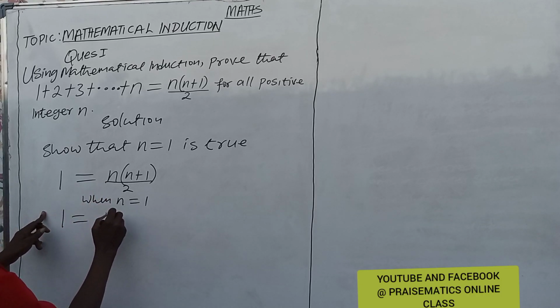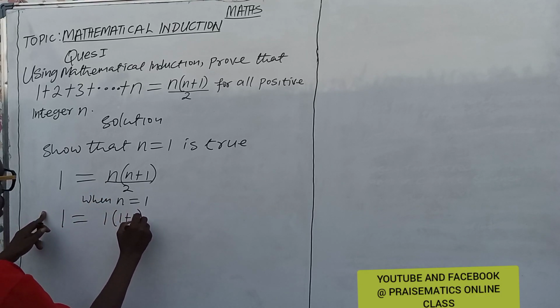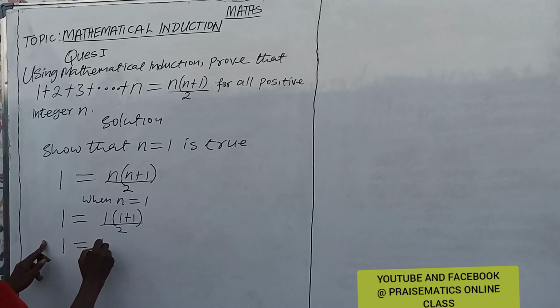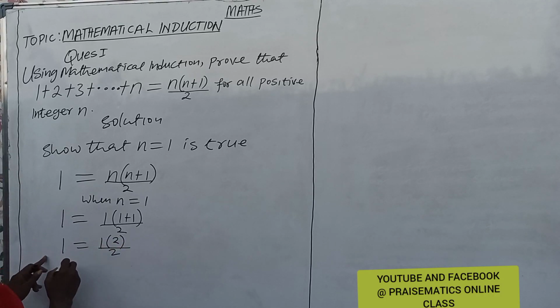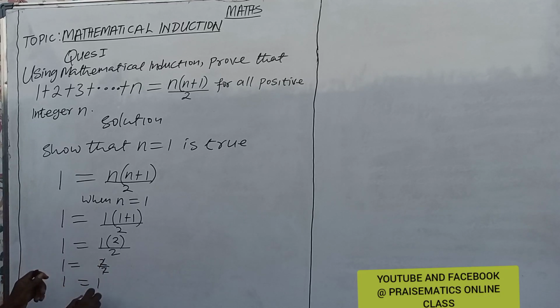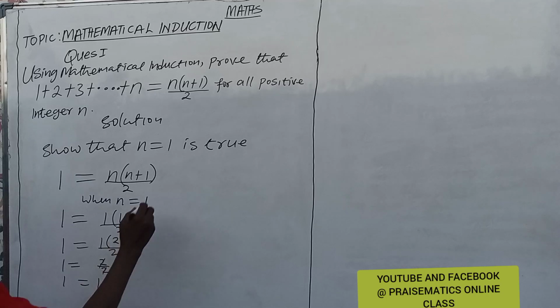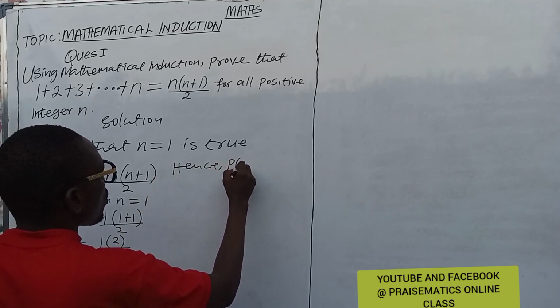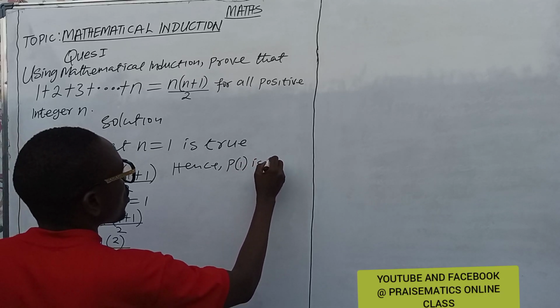Let's check: 1 into 1 plus 1 all over 2. So 1 equals 1 into 2 divided by 2, which is 2 over 2. Hence 1 equals 1, this cancels. So P of 1 is true.